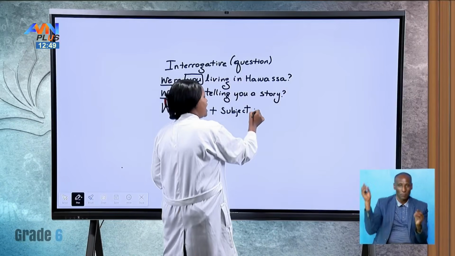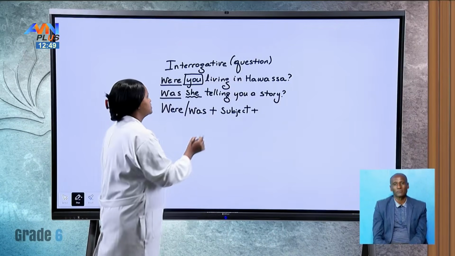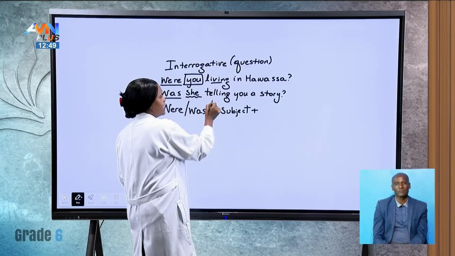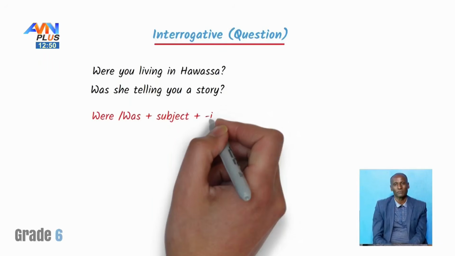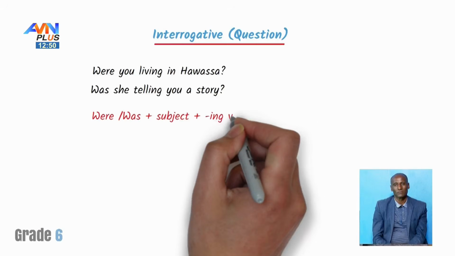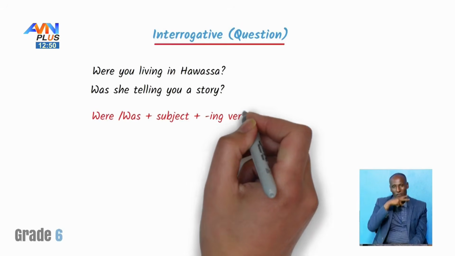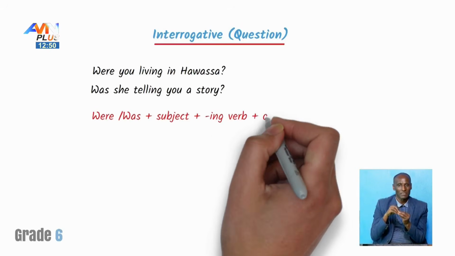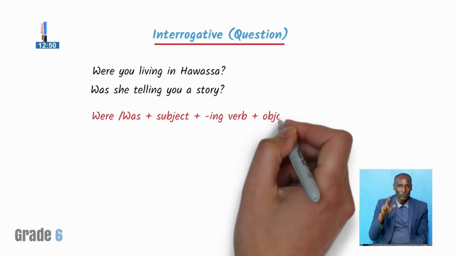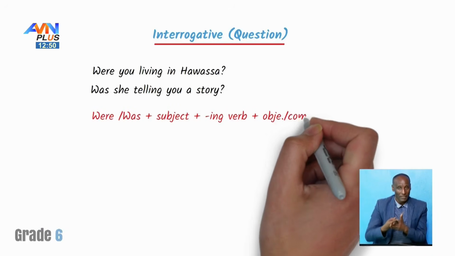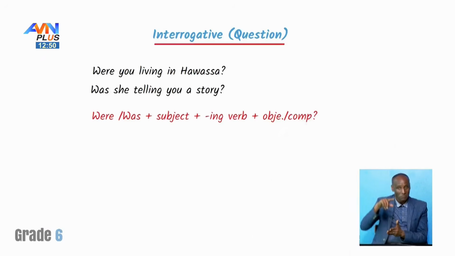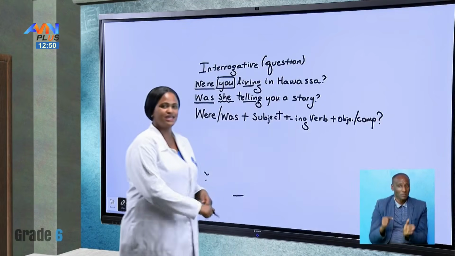Then, after the subject, look, living and telling. Yeah, ing form of the verb, plus object or complement. Then, don't forget, the last punctuation is what?